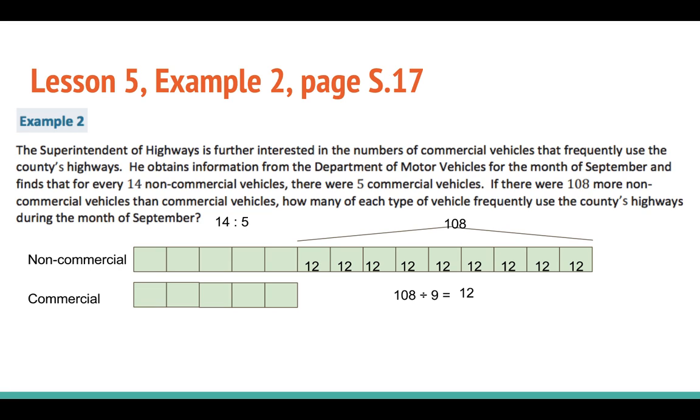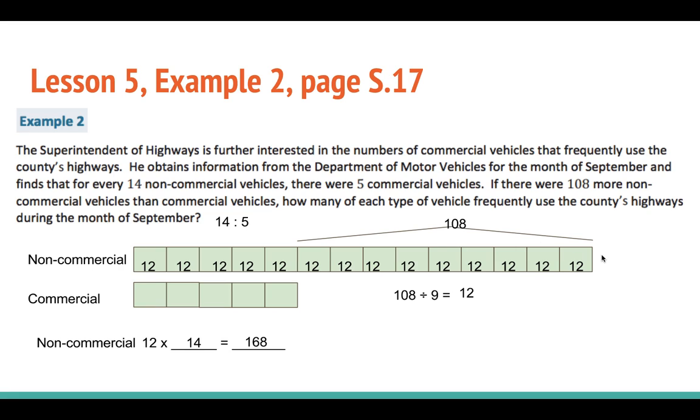Since these are equivalent ratios, each box is the same. That means for non-commercial vehicles, I put 12s in the rest of the boxes. Each box is worth 12, times the 14 boxes, and that will give me 168.